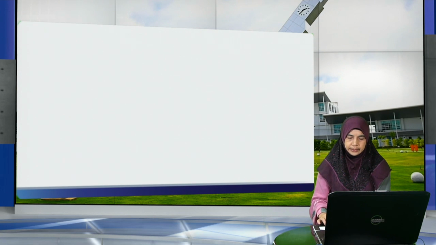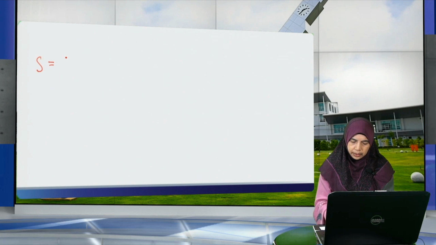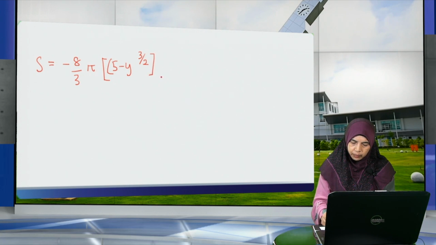So on this slide we just need to evaluate. We will get S equivalent to, remember the constant just now is minus 8 over 3 pi, and we have 5 minus y to the power of 3 over 2 from 1 to 4. Now substitute values in.